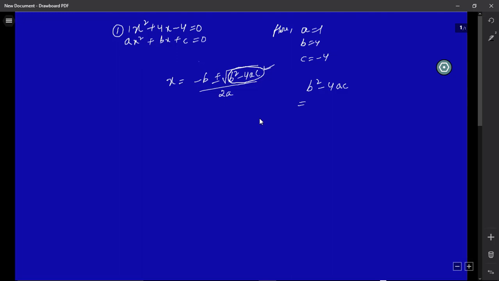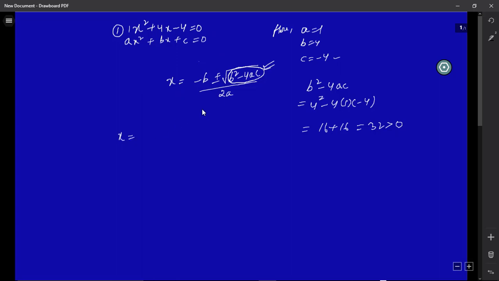Let me substitute the values of a, b and c here. b is 4, a is 1, c is minus 4. 4 square is 16, minus into minus is plus, 4 4s is 16. 16 plus 16 is 32, and 32 is greater than 0. So I can make use of the quadratic formula to find the roots of this quadratic equation.